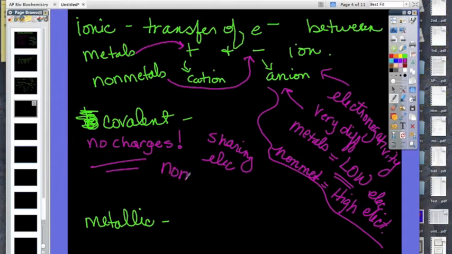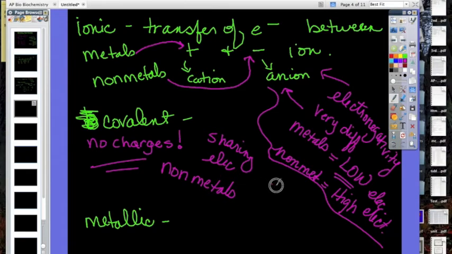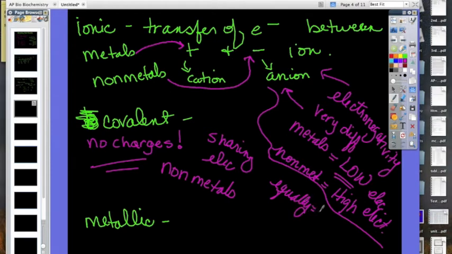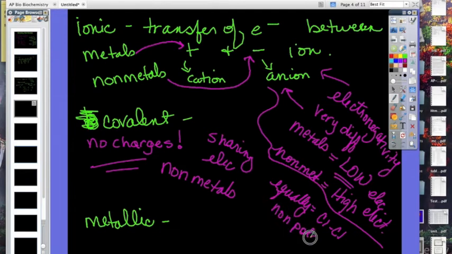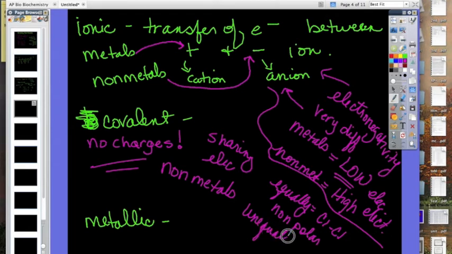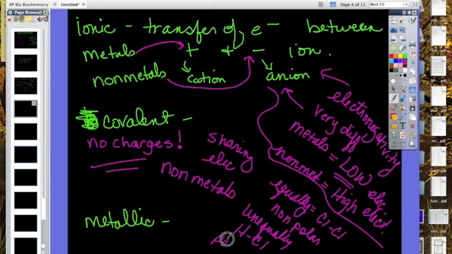So we are talking about nonmetals sharing electrons. If they share equally, like chlorine and chlorine, then that would be nonpolar. If they share unequally, like hydrogen and chlorine, then that would be polar.